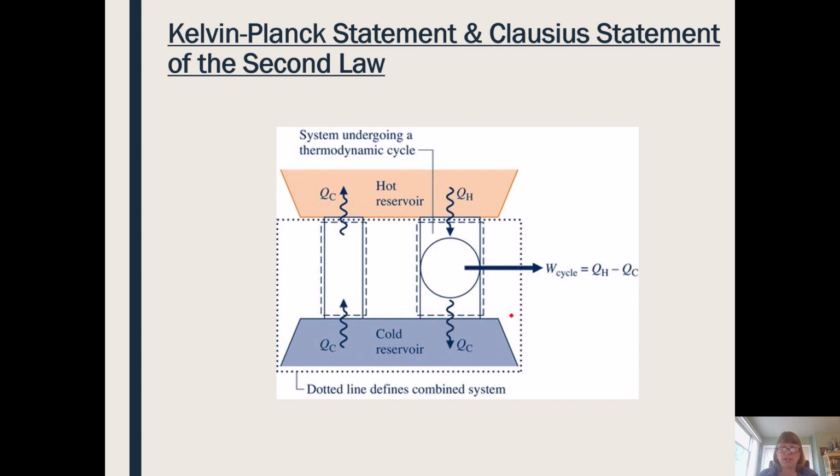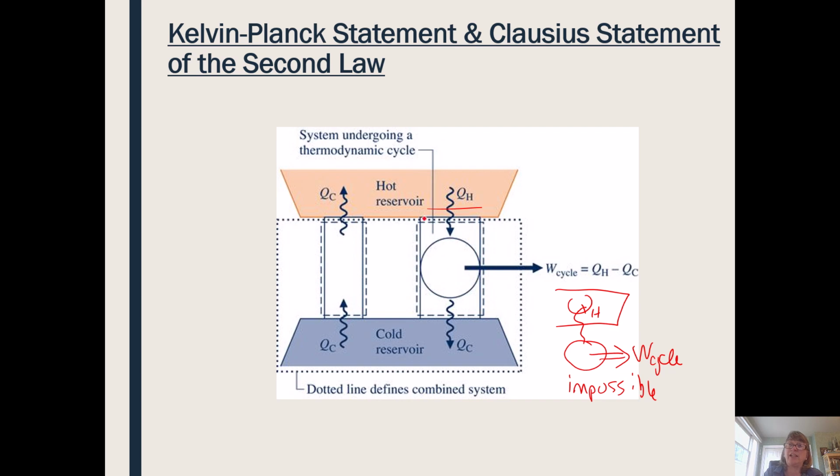It looks like we have just our hot reservoir, heat going into our system, and all of that coming out as work for our cycle. We're missing that cold reservoir, because the amount of heat going in is also leaving. So this is impossible, and we're violating the Kelvin-Planck statement if we look at this combination.